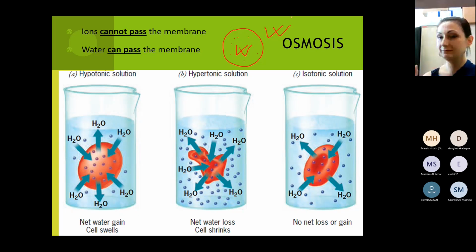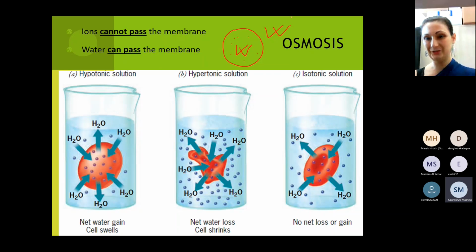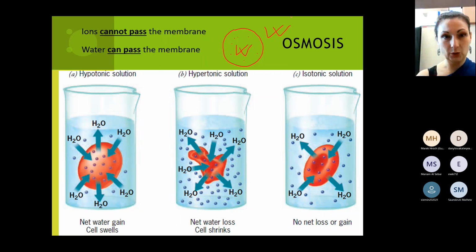What happens? Nothing can happen. That's great, excellent, so you understood pretty well. So now we follow three extreme cases: hypotonic solution, hypertonic solution, and isotonic solution. In this picture you have everything.